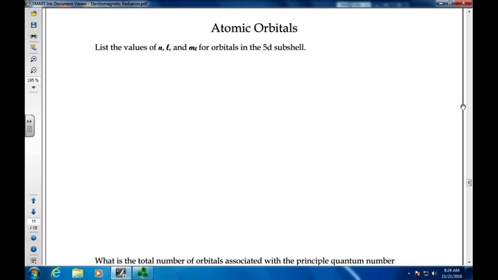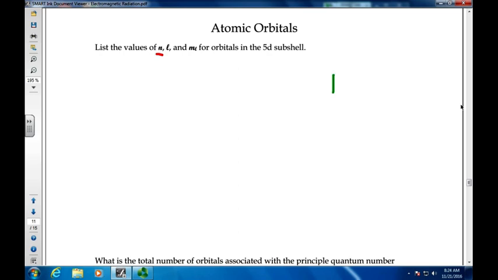When you're talking about n, l, and m sub l, this n is your principal quantum number. That generally is given by the period. Let's make a little drawing over here.